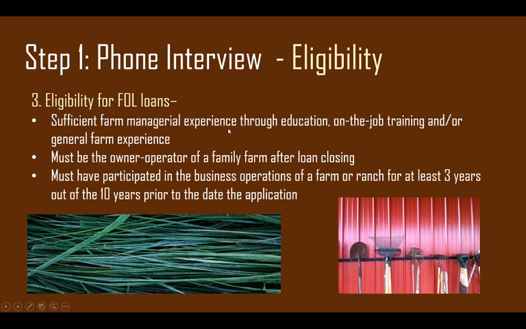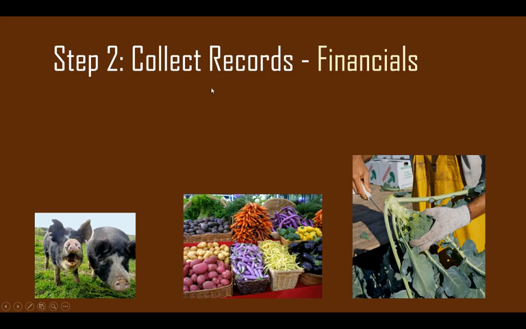You also must have participated in the business operations of a farm or ranch for at least 3 years out of the 10 years prior to the date on the application. So that is a big piece. They need 3 years of management experience in all aspects of farm or ranch operation. And we'll talk a little bit more about that as we go.